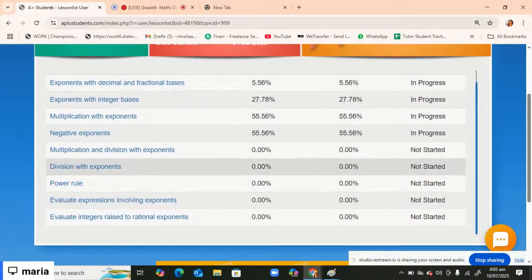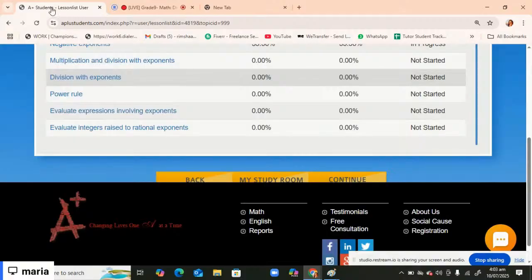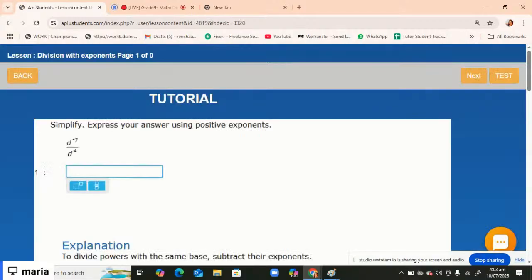The chapter we'll discuss today is division with exponents. Simplify and express your answer using positive exponents. So how can we write it as an exponent with positive numbers?